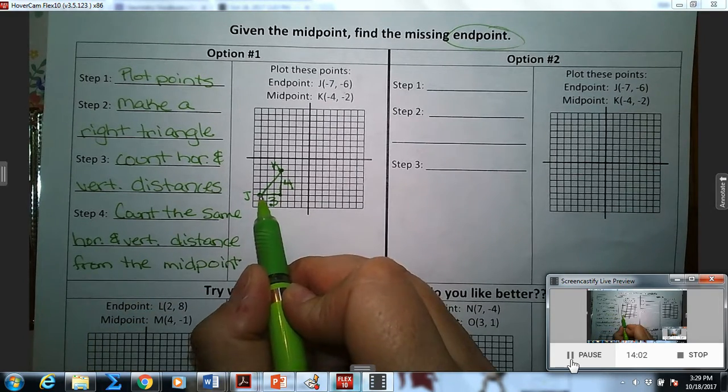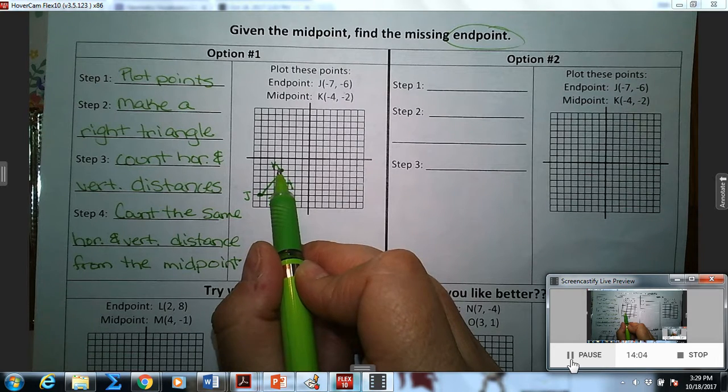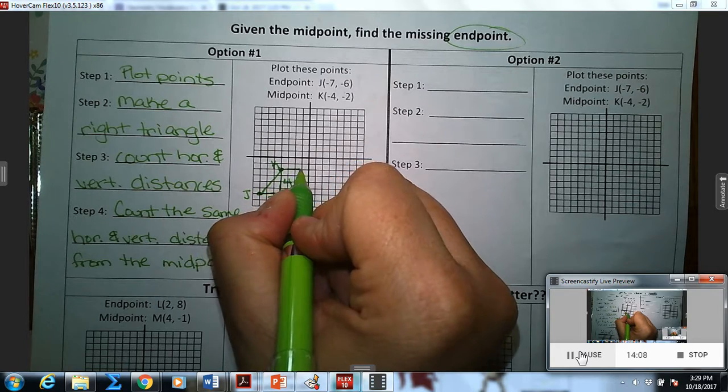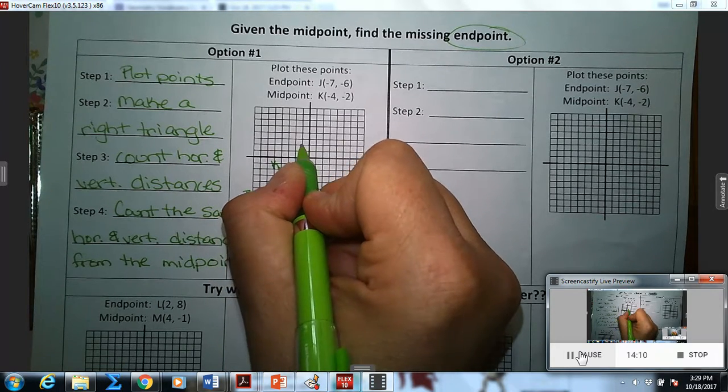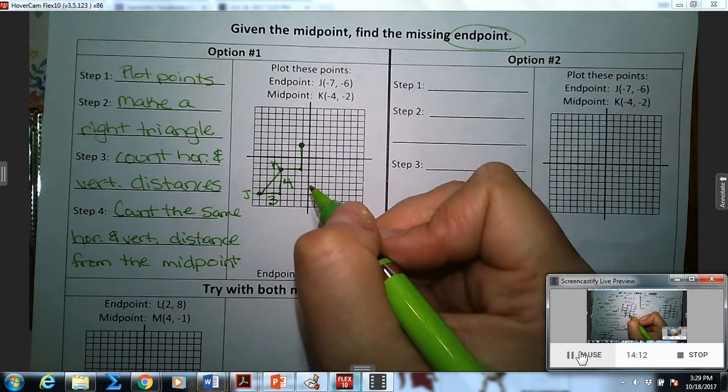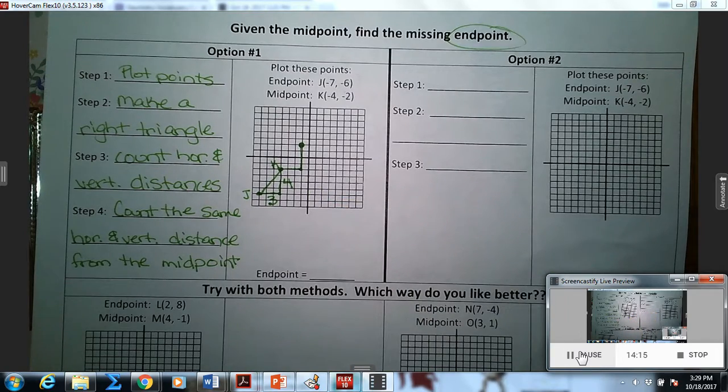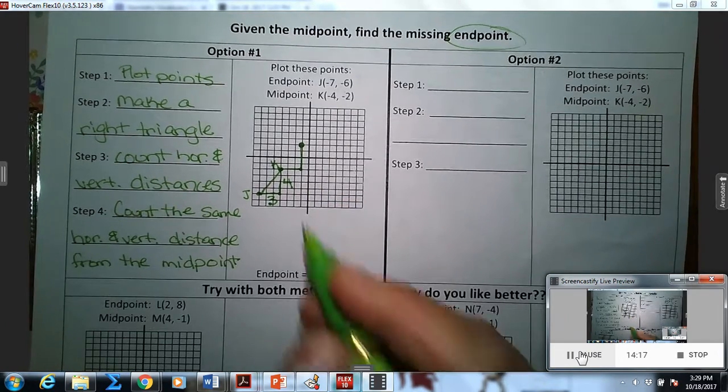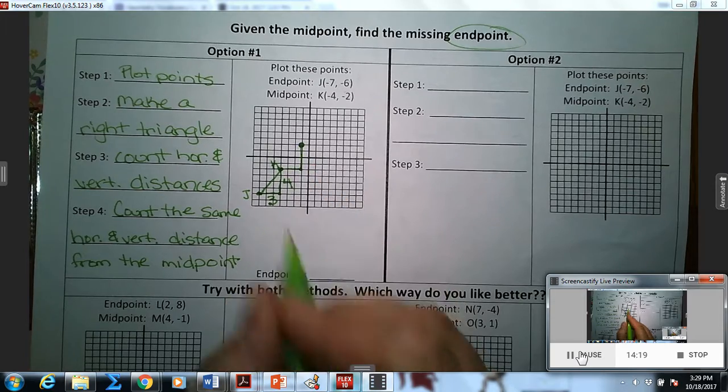So I went 3 right and 4 up to get to the K. So I need to go 3 right and 4 up again, and it'll get me to my other endpoint. My final endpoint is at -1, +2.